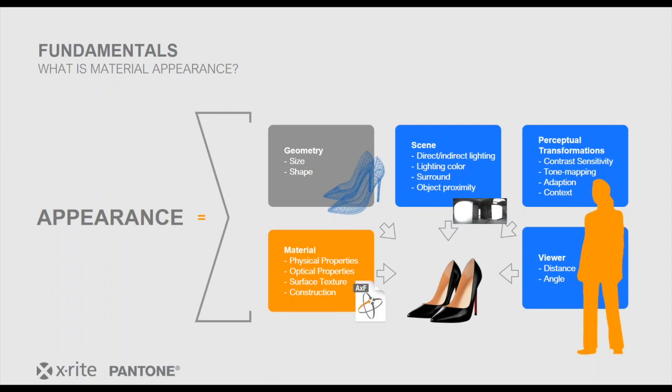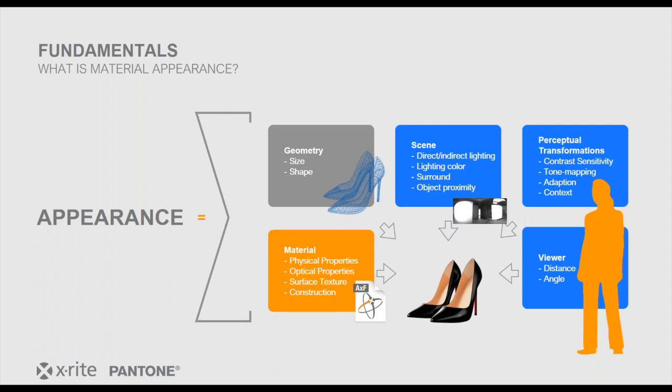But when you're going to use these digital materials, you want to be able to extract out the things that are unique to that material so that you can use that material on any given piece of geometry, in any given lighting situation, and for any given viewer, whether that's a photograph or a person looking at it.